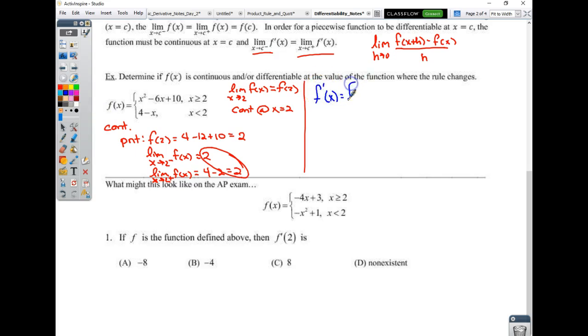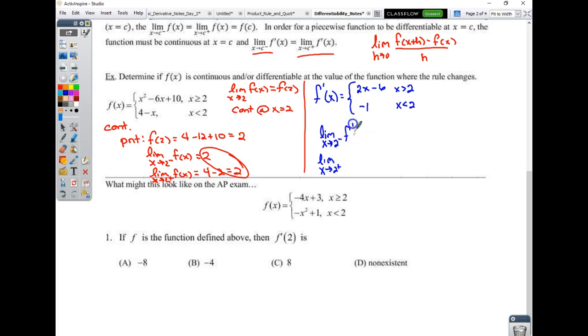For differentiability, all we do is say f prime of x now, and we evaluate that. We take the derivative of both sides: 2x minus 6 for x less than 2, and negative 1 for x greater than 2, I apologize. I don't want to say equal to yet, because even though there's an equal to here, I haven't proven this. I need to show that the left limit and the right limit are equal before I can actually put an equal to there. So I take the limit as x approaches 2 from the left and from the right.